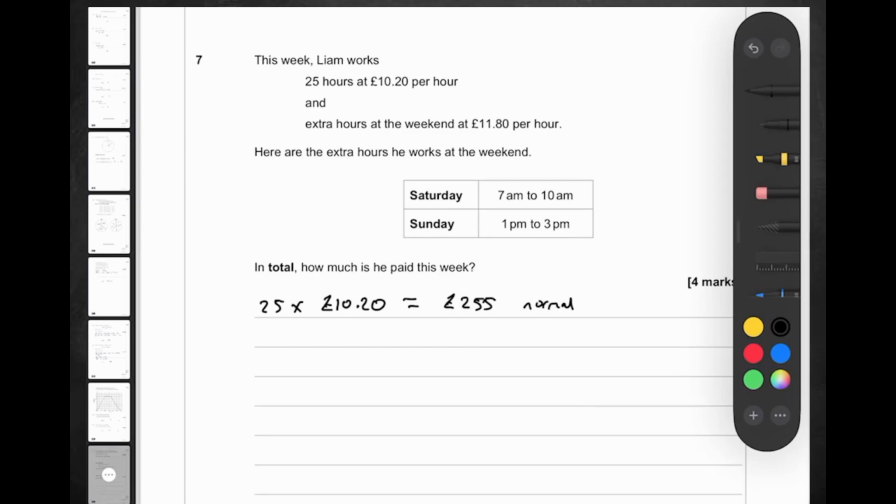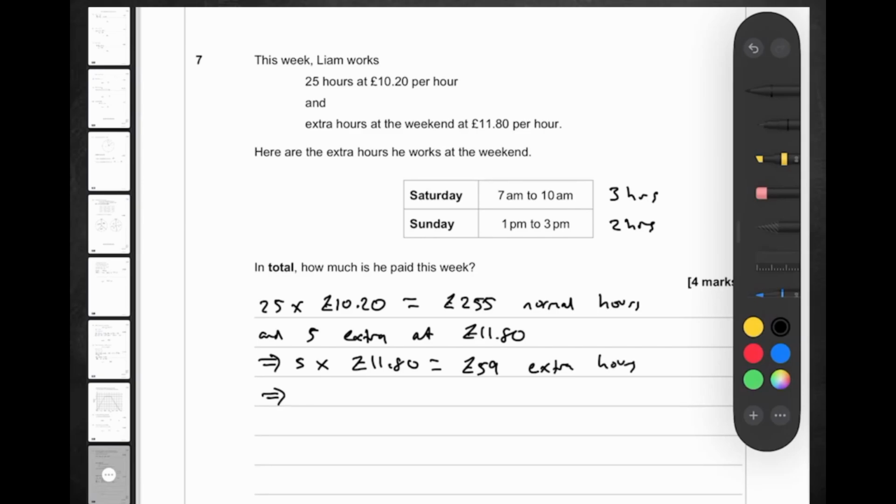Normal hours. And then his extra hours are going to be 10 a.m. to 7 a.m., which is 3 hours, 1 p.m. to 3 p.m., which is 2 hours. So, 5 extra hours at £11.80. Therefore, 5 times £11.80, which I'll do on my calculator, is £59.